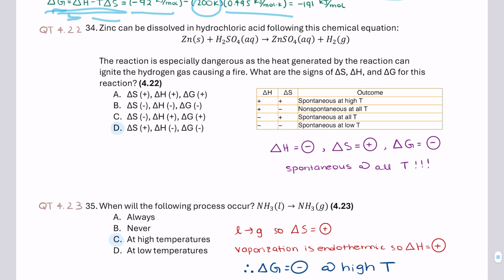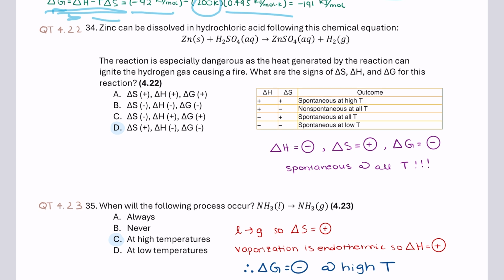Problem 34 says zinc can be dissolved in hydrochloric acid following this chemical equation. The reaction is especially dangerous as the heat generated by the reaction can ignite the hydrogen gas, causing a fire. What are the signs of delta S, delta H, and delta G for this reaction?